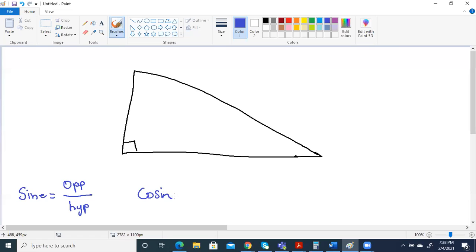Cosine equals adjacent over hypotenuse, and we have tangent equals opposite over adjacent. All right.